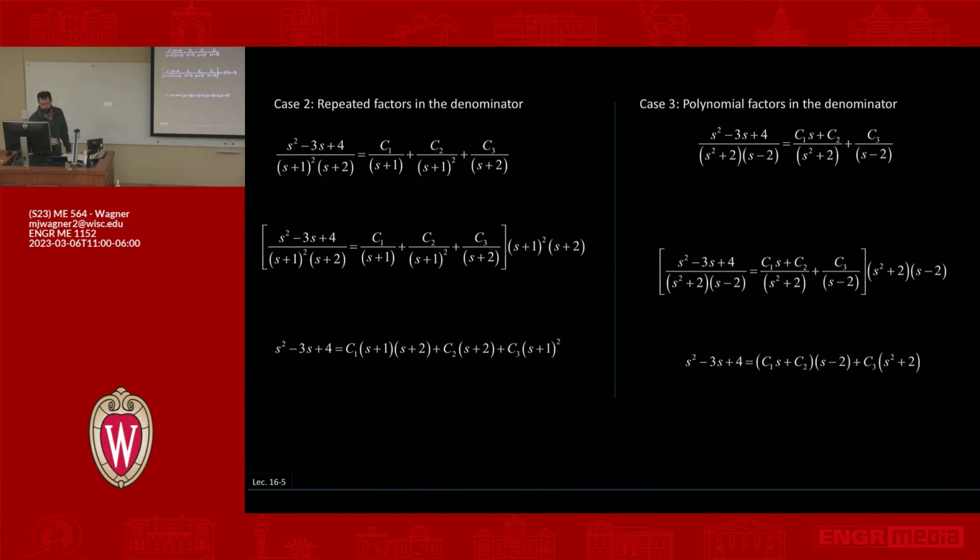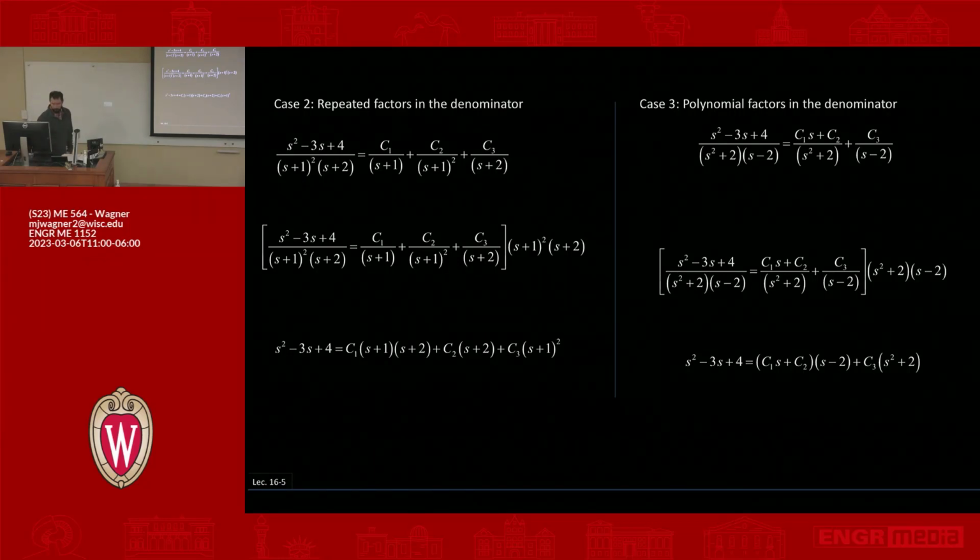The next thing is a couple other minor points. I don't want to write s a whole bunch of times, so I'm just going to do this. Let's say we have slightly different situations where you have a factor, let's say up here, that is some term squared. How do you deal with that when writing out the method of partial fractions?